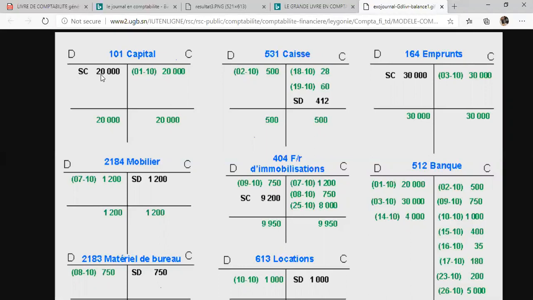Okay, so I'll start from the example. The example I am giving is: started a business with 20,000. That started a business is called capital. That capital has an individual account which is 1,111, so 11111. That capital is an account.